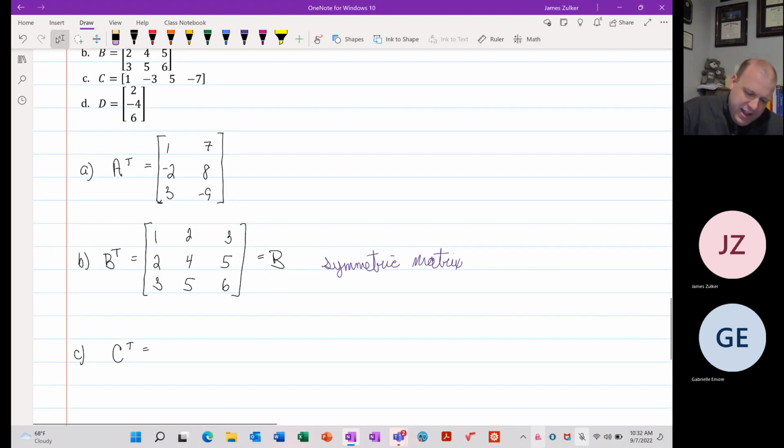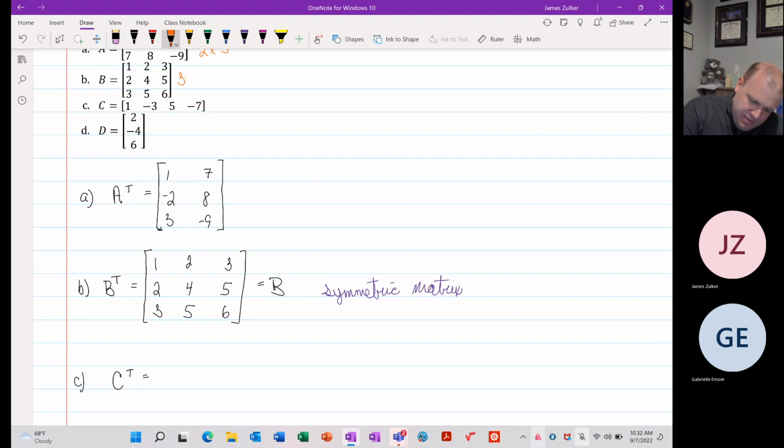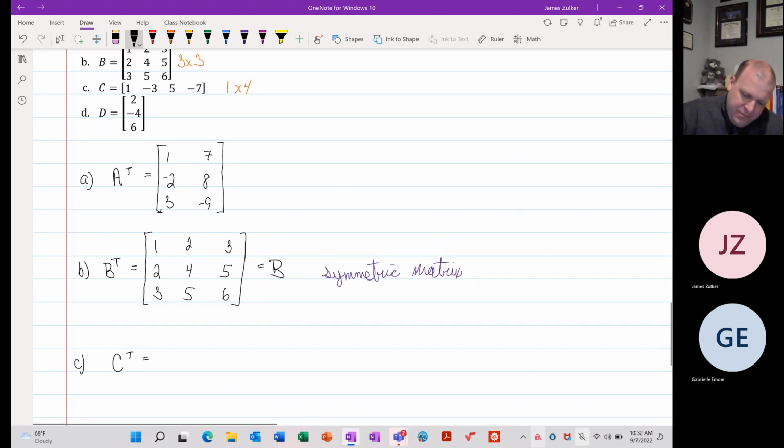So looking at C transpose now. C is 1 by 4. Right, so C transpose will be 4 by 1. Right. C is what's known as a row matrix. So it becomes a column matrix.